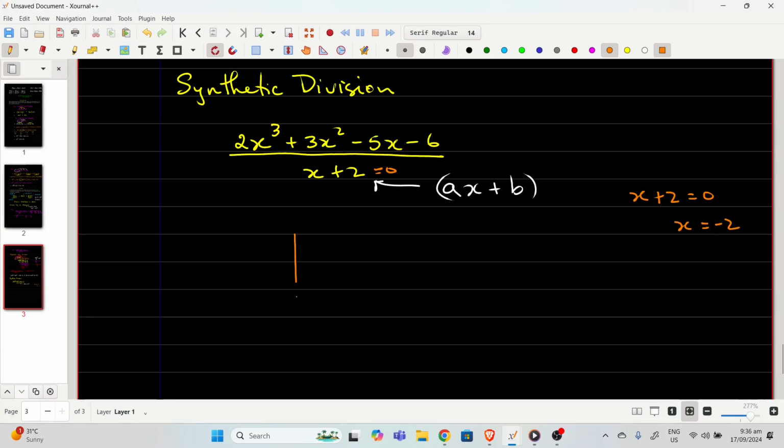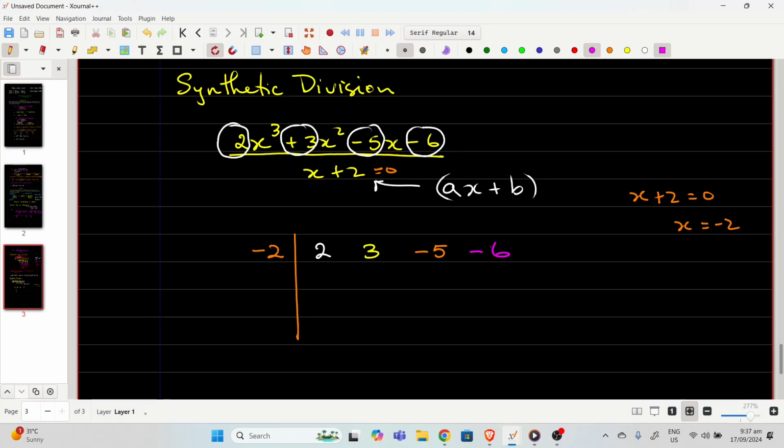So first, draw a line here, and I put the minus 2 out in front. Then I'm going to take each constant from the polynomial on the top, which is the dividend. I'm going to write each one of them in a different color. Let's say 2, and then we have 3, and then we have -5, and then we have -6.